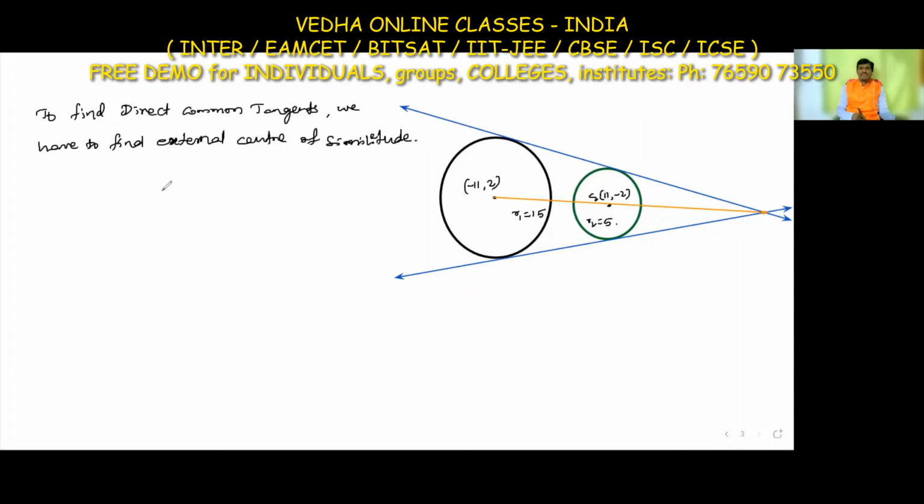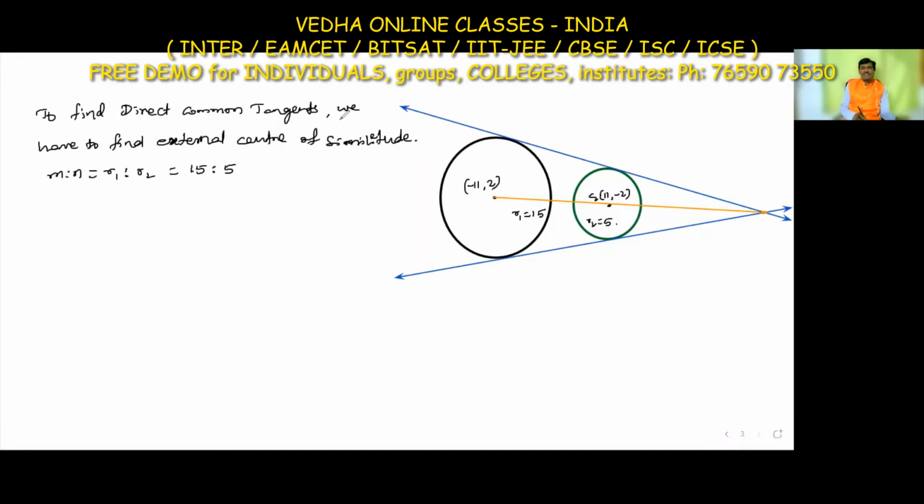Okay, so what is the external center of similitude? What is the formula here, what is the ratio here, and how does the point divide? The external center of similitude divides in the ratio m is to n, which equals r1 is to r2. That is nothing but 15 is to 5.